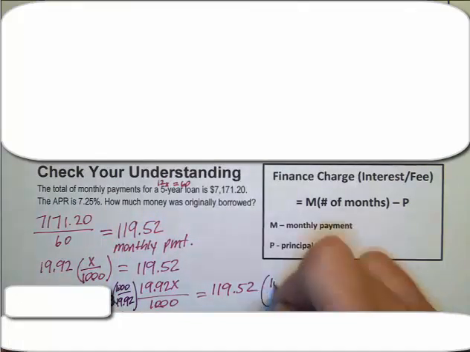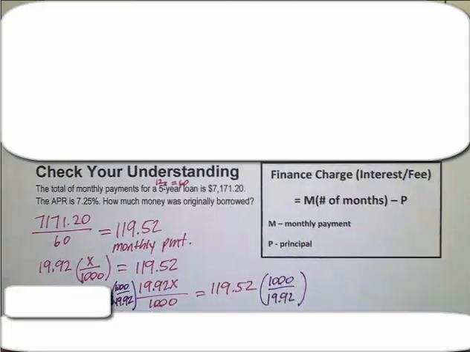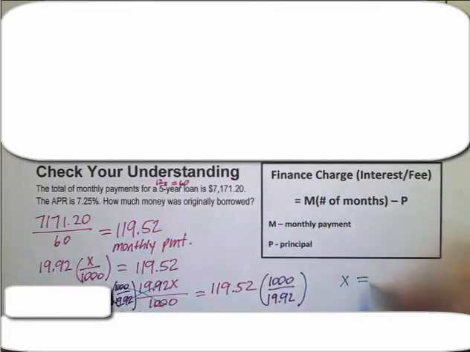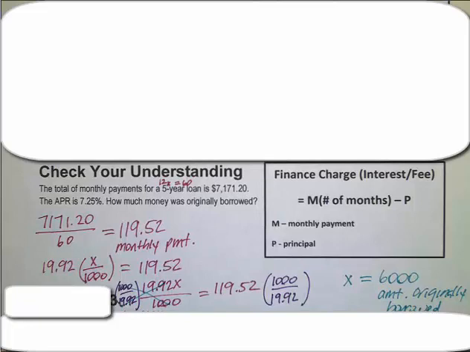So that cancels that, that cancels that. So we just have x equals, go ahead, pause, put that in the calculator, and you should get 6,000. So this is your amount originally borrowed. Okay? So that's our answer. So this part was from the table.